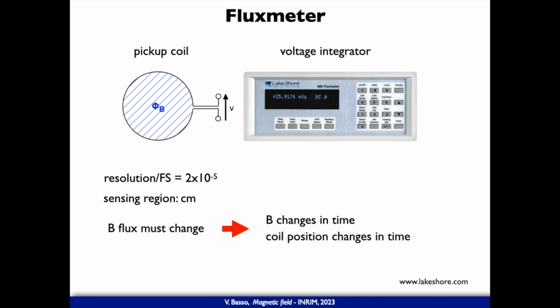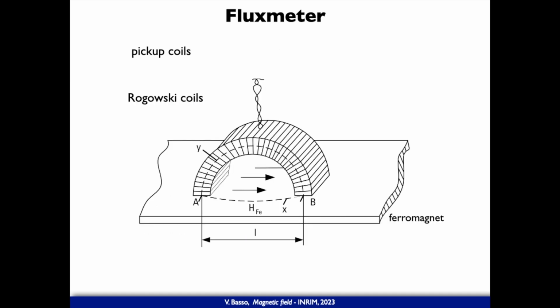This method is very useful for magnetic materials, because then you measure B, not only H. If we have a pickup coil around a magnetic material, you are able to measure the magnetization changes. But they also have applications for the field, mainly again with ferromagnets, with magnetic materials.